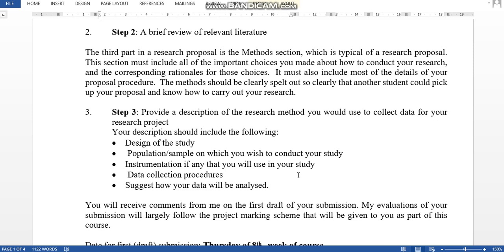Another example, let's say you want to find if there exists any relationship. So your question may be, is there a relationship between students' attitude and their performance? The analysis for this question will be a correlation coefficient.